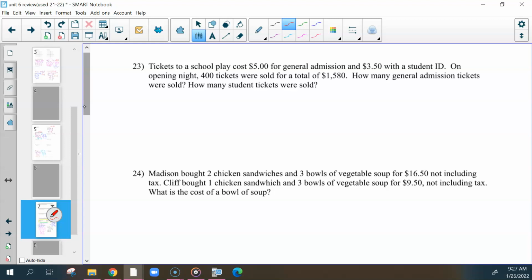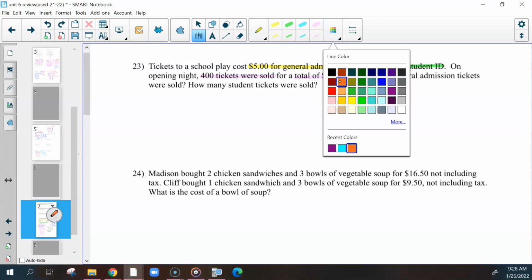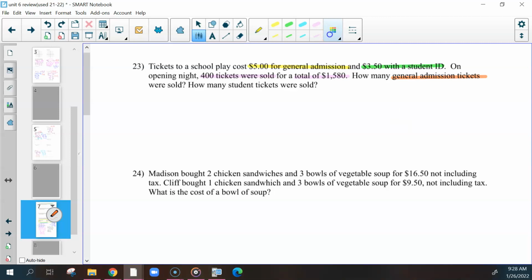So for this one, important things: tickets cost $5 for general admission, $3.50 for students with student ID. We know there were 400 tickets sold. There was a total of 1,580 or 1,080. And then we are looking for both how many general admission tickets were sold and how many student tickets were sold.